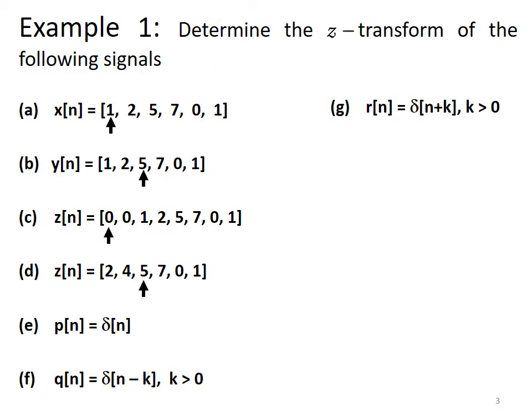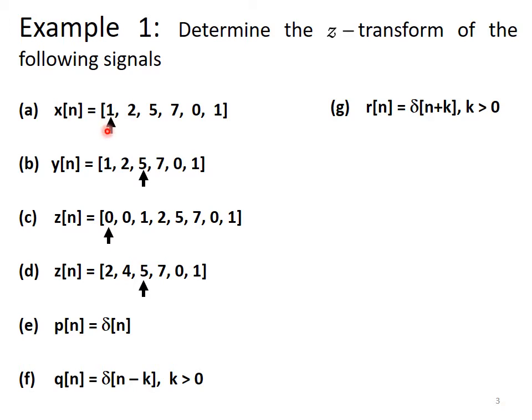Now there are some very simple examples in which we are going to take the Z transform of these signals. In the first, x of n is equal to 1, 2, 5, 7, 0, 1, and as you know, this arrow indicates n equal to 0. Whenever there is no arrow in the sequence, it is understood that the first element of the series is n equal to 0.